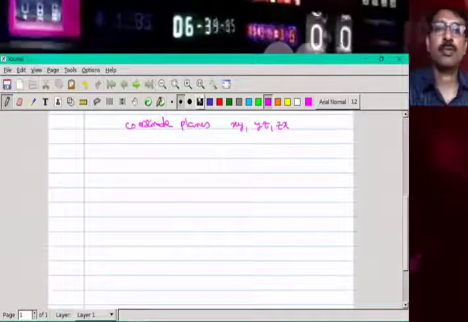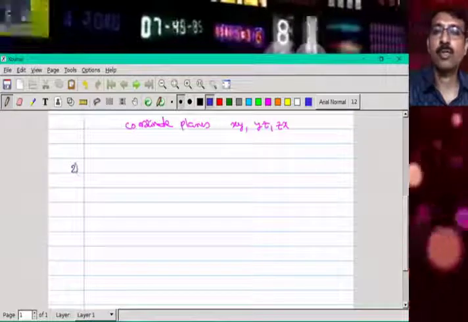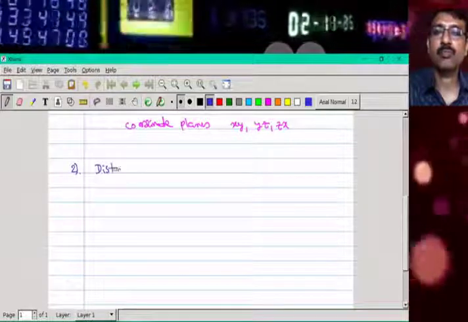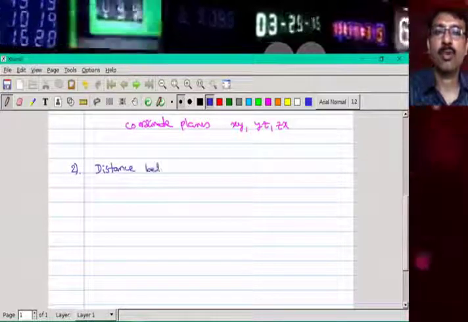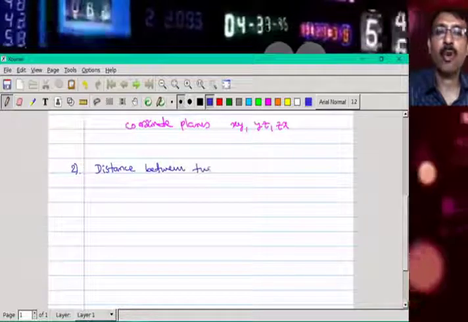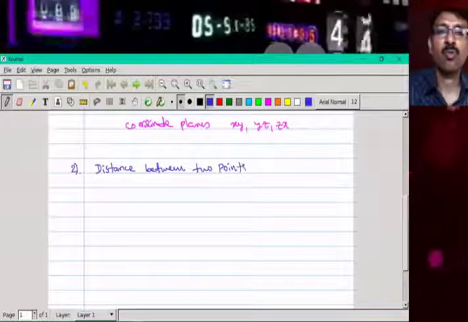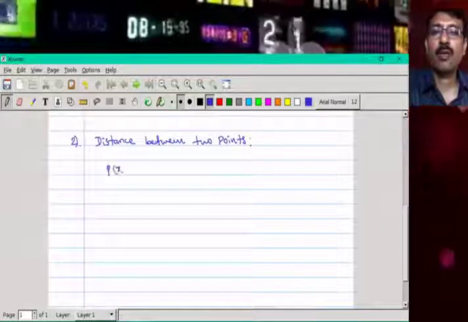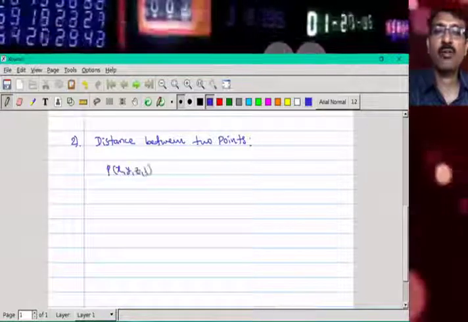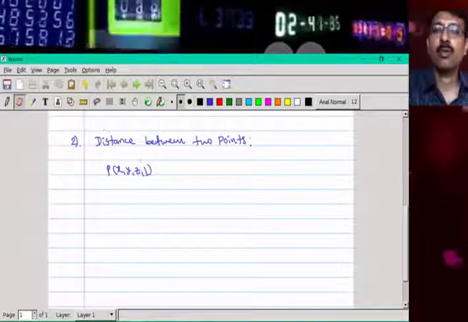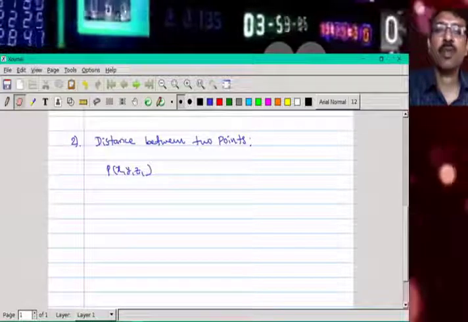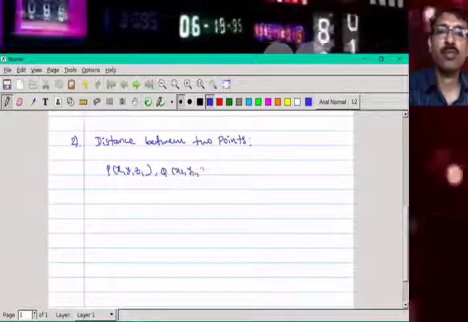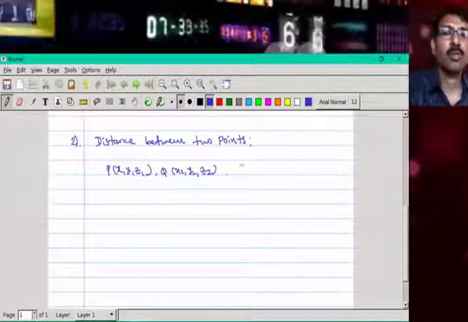Next, the second point is the distance between 2 points. P(x1, y1, z1) and Q(x2, y2, z2) are 2 points.